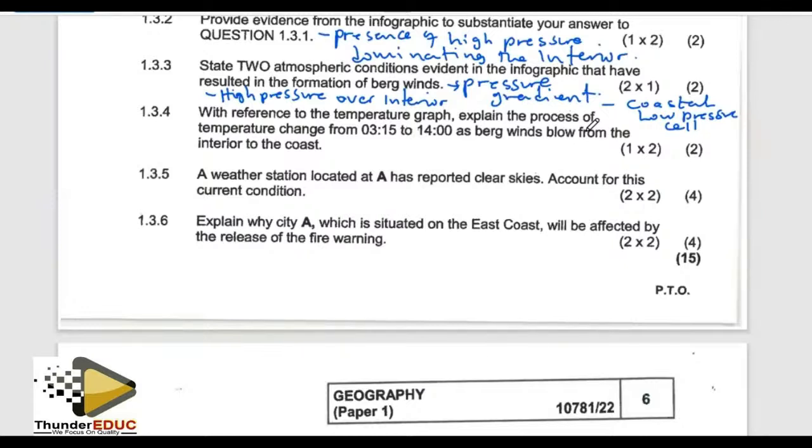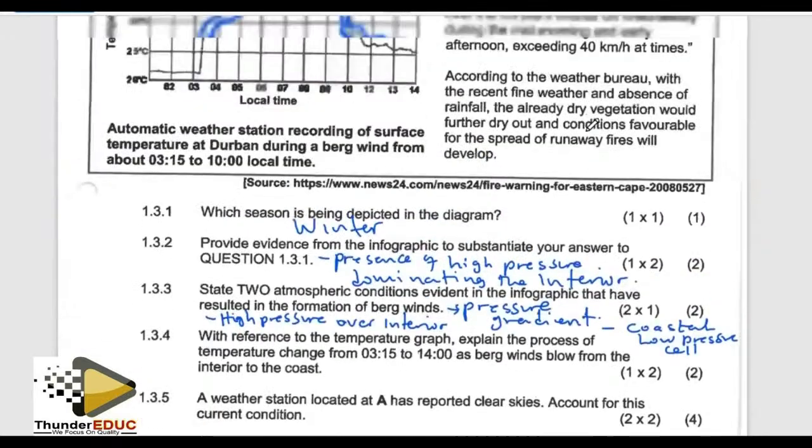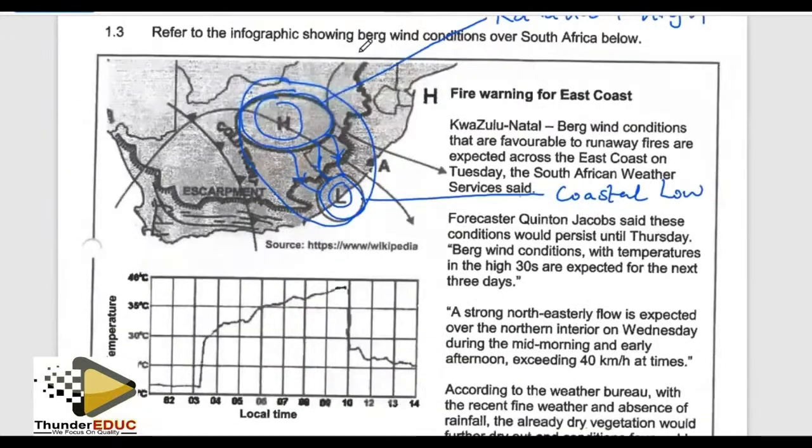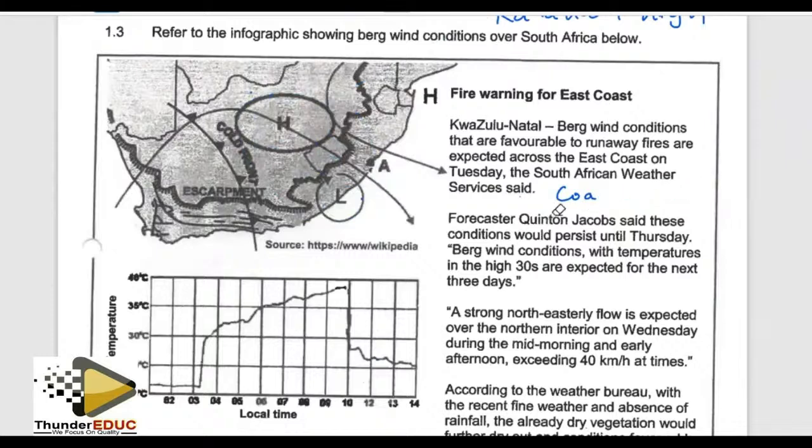Let's look for point A. So this is our point A here, along this area there are clear skies.